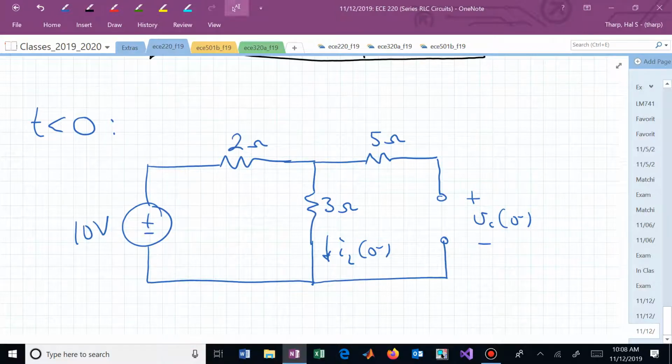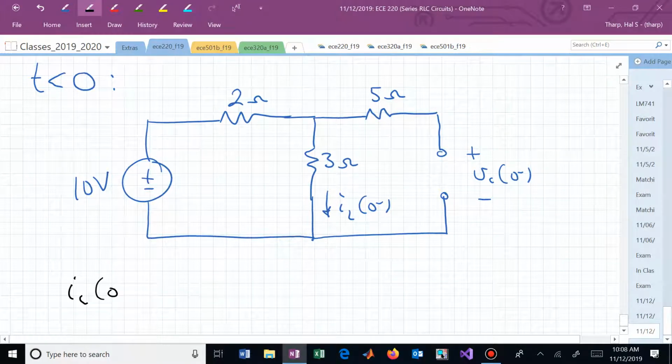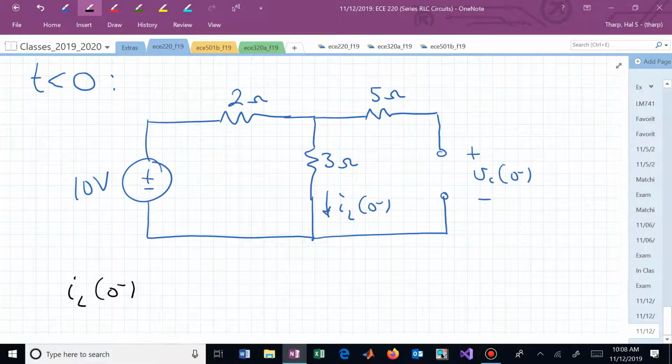What's I sub L of 0 minus? Nathan wants to write 2 mesh equations, I know. But the second one is easy, isn't it? What's the second mesh current? It's 0.